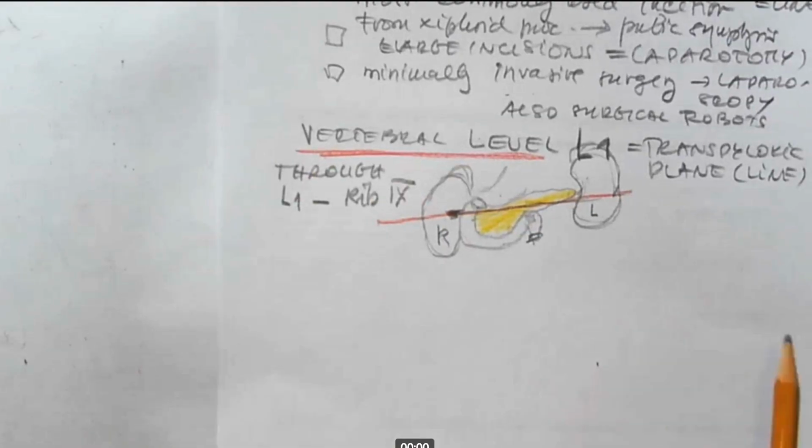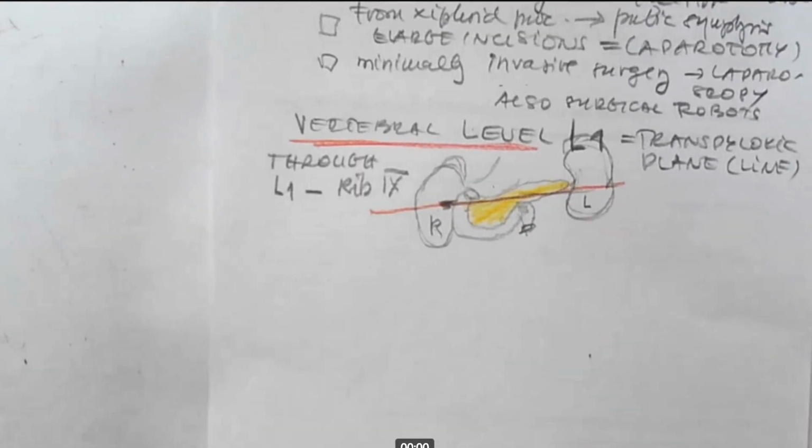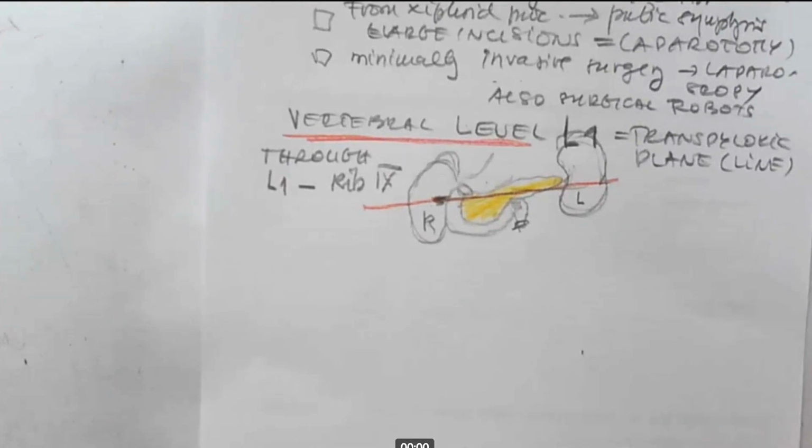I mean that this could be all for this moment. So we know the orientation lines, we know the 3 zones, we know the 9 regions pattern, we know the 4 quadrants pattern, we know also the transpyloric line. That's it.